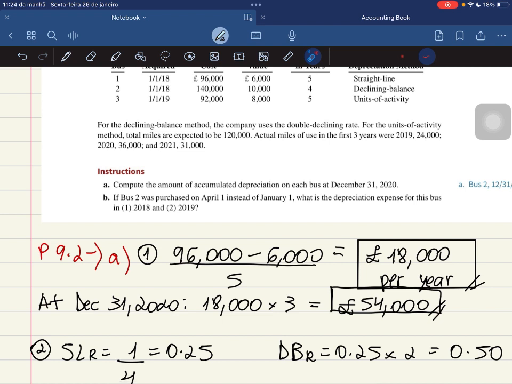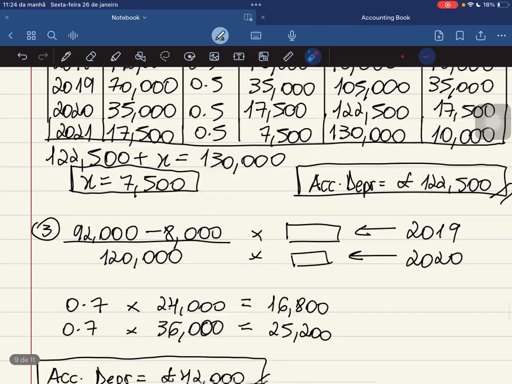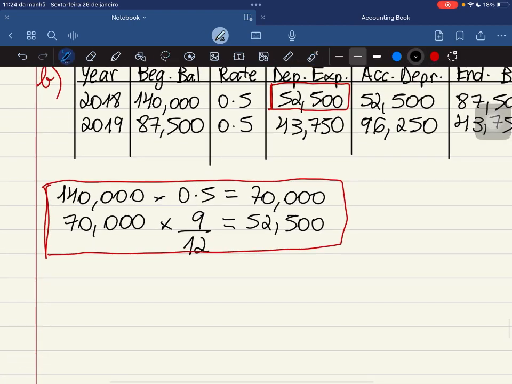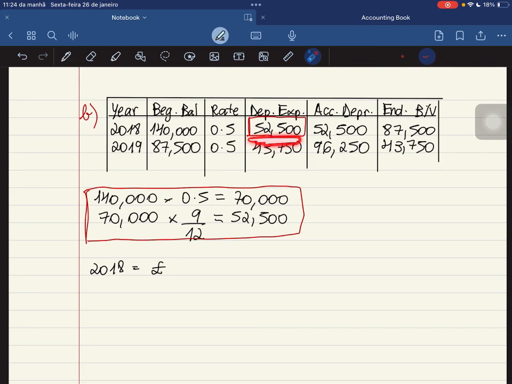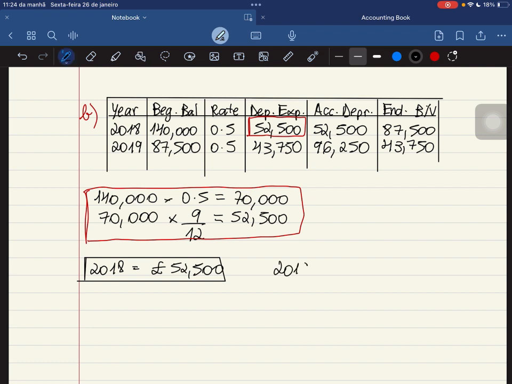It asks for the depreciation, not the accumulated, just the depreciation expense for 2018 and 2019. So for 2018, the depreciation would be 52,500. And for 2019, the depreciation would be 43,750.